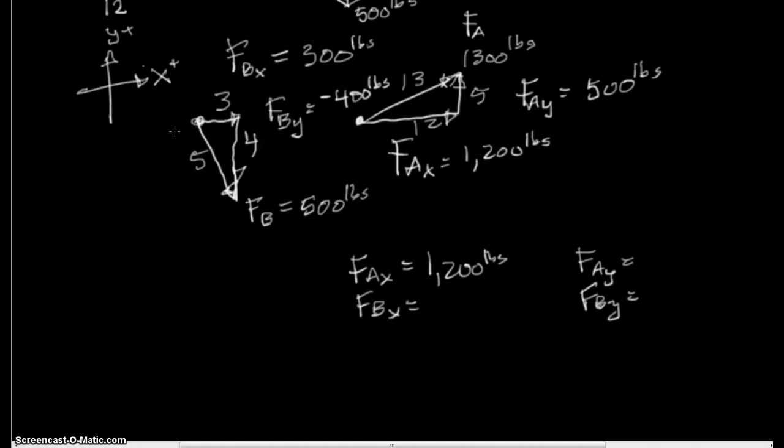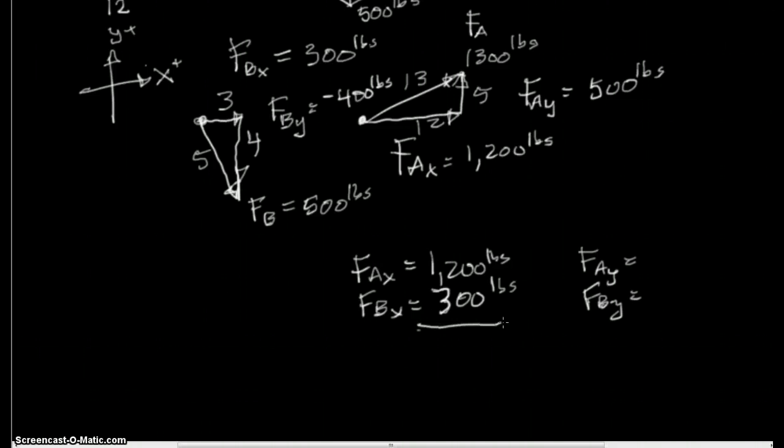FBX, which was right there, equals 300 pounds. That's not a negative. Let's add that together. I would call your force R, the resultant, and in the x direction it equals 1,500 pounds.